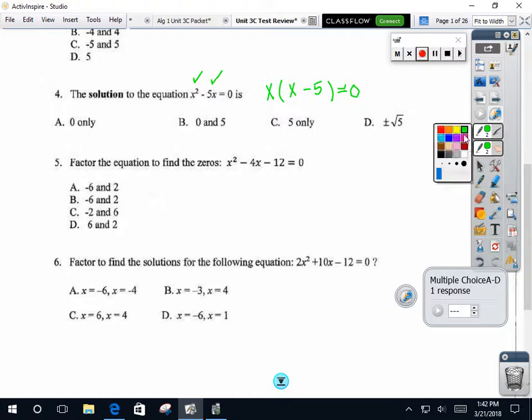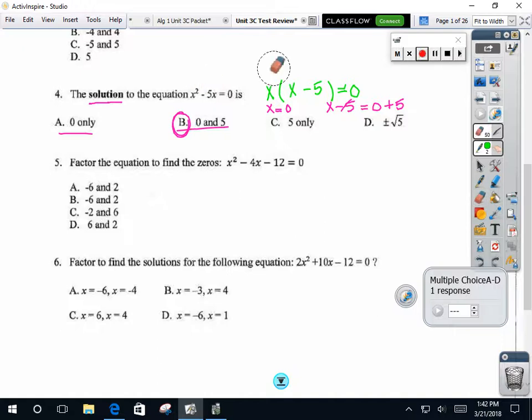But that's only factored. They want it solved. They want the solution. So I would have to set the x equal to 0. And now I know that either A or B is right because they both have 0. And I would set the x minus 5 equal to 0. But to solve it for x, couldn't I add the 5 to the other side to get it away, giving me the other solution of 5? Now, another way to do it that I'm not going to do because it would be way too time consuming is quadratic formula.